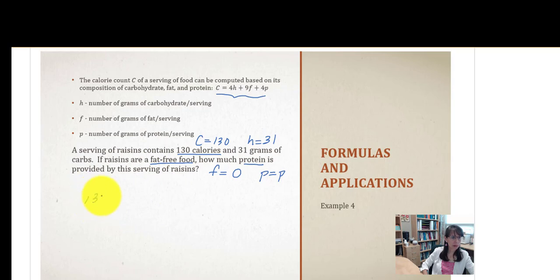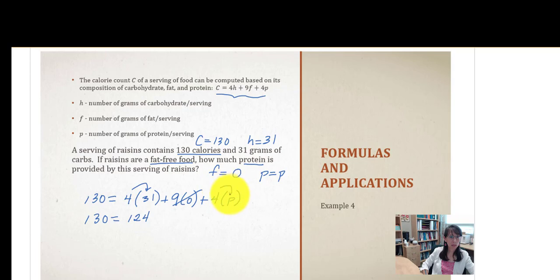Calories are 130. 4 times the carbs, so 4 times 31. 9 times fat, that's 9 times 0, added to 4 times the protein. And protein we don't know, so that's 4 times P. If we simplify this a bit, we'd have 4 times 31, and that's 124. 9 times 0 would be 0, so we don't need to write that.